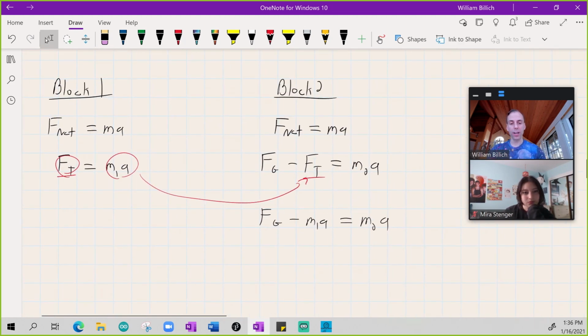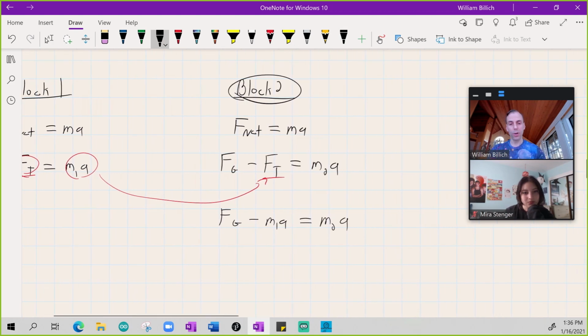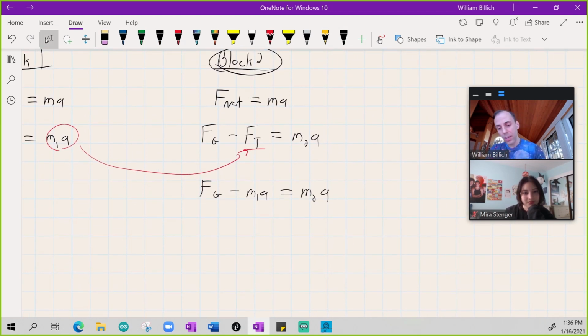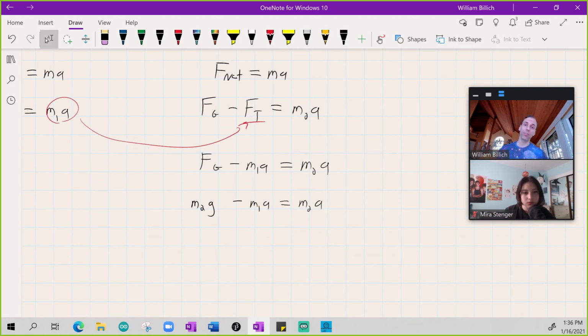But remember, we're talking about block 2 here. So we're talking about the mass 2 times gravity, right? Because for block 2. And then minus M1A equals M2A.